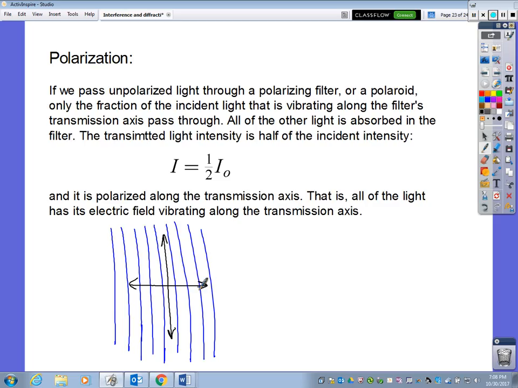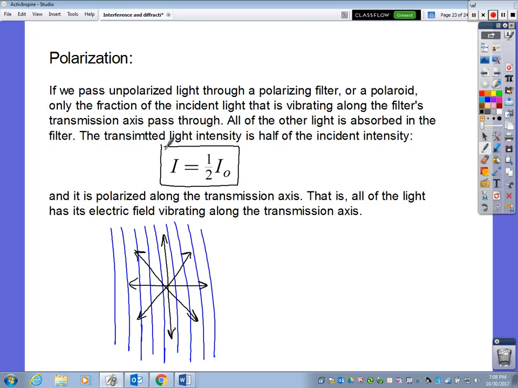So when you have unpolarized light that's vibrating in all directions, all of the light that happens to be perfectly aligned with the polarizer gets through. None of the light that's perpendicular to the polarizer gets through, and part of the light that's at other angles gets through.